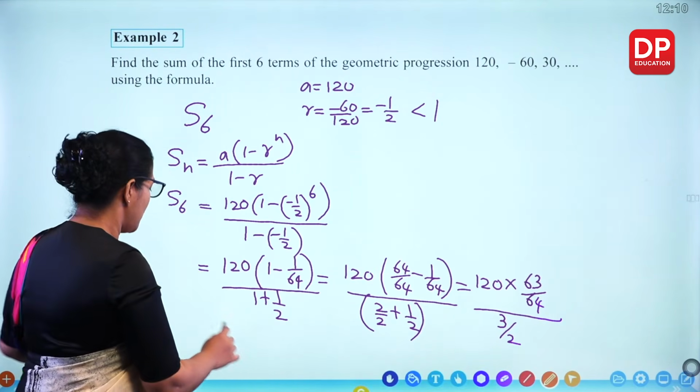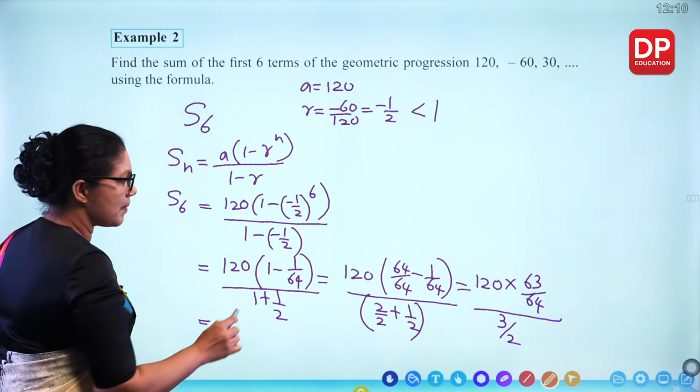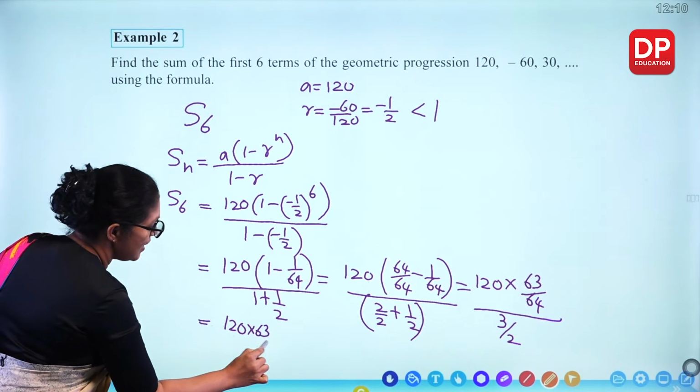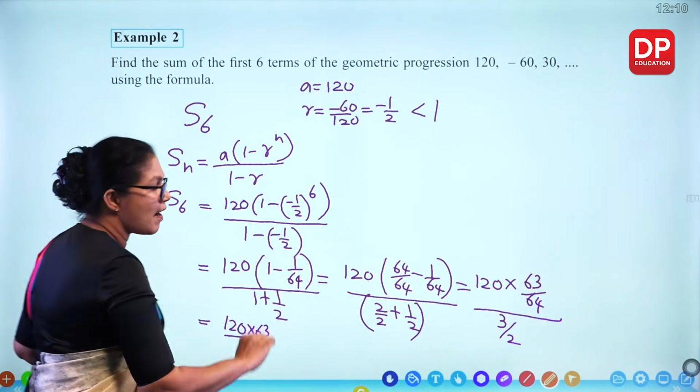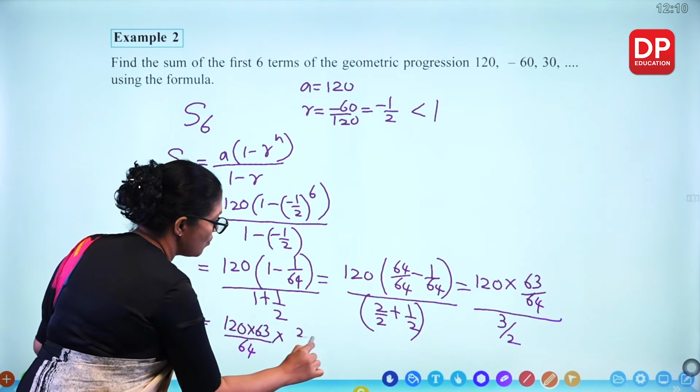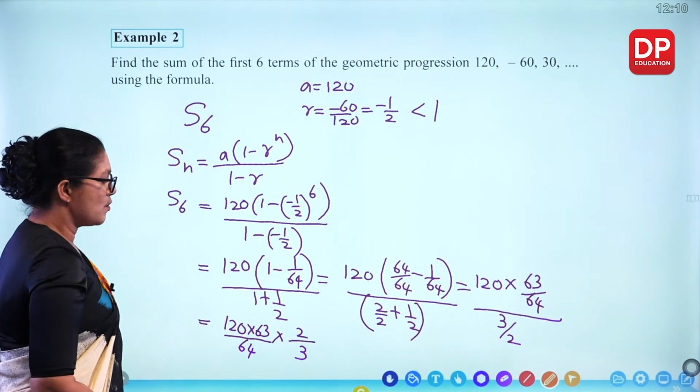So, straight up we'll multiply. 120, 63 over 64. Dividing by 3 over 2 means take the reciprocal: 2 goes here, 3 goes down.